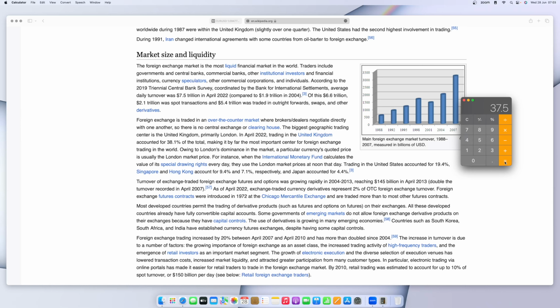The biggest geographical trading center is the United Kingdom, primarily London. In April 2022, trading in the United Kingdom accounted for 38.1 percent of the total, right? So there's a lot of information in this page. Just come to Wikipedia, type Forex, click enter, and it's going to bring all of this information for you.